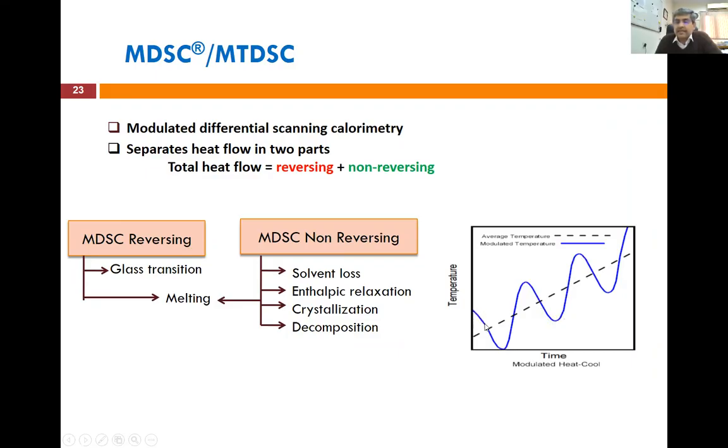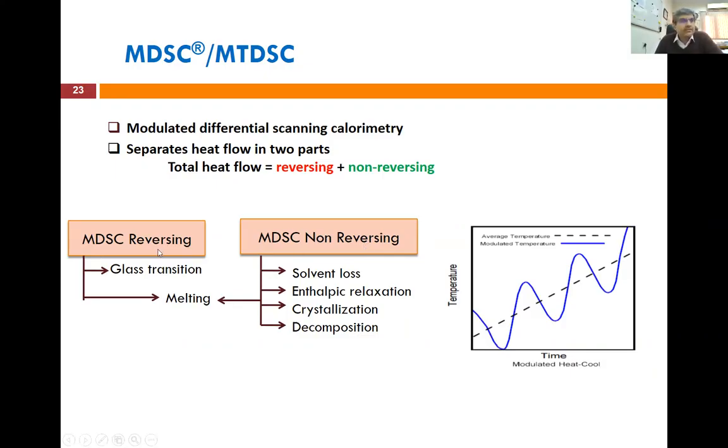So the sample is being alternately cooled and heated, then again cooled, then again heated and again cooled. A cycle like this is provided to the sample, and it helps in separating out the events that are recorded in the DSC into the reversing events and the non-reversing events.